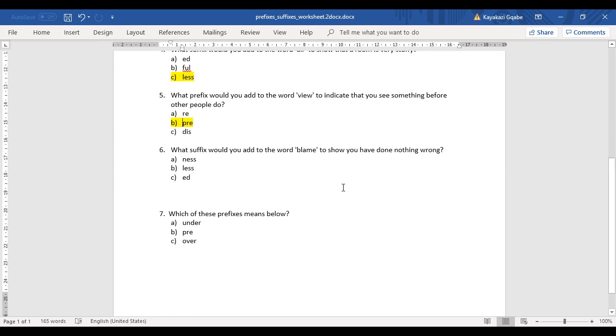And then number 6, our second last question. What suffix would you add to the word blame to show that you have done nothing wrong? So what suffix would you add?